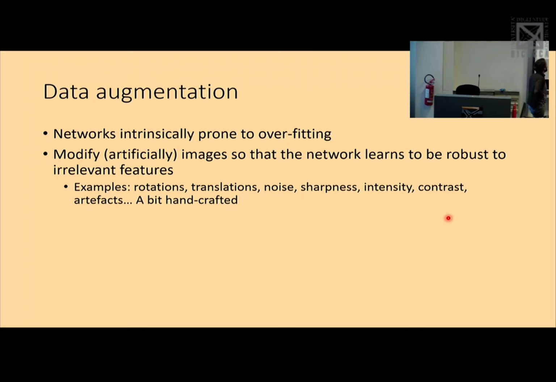You should think about it, depending on your acquisition modality. And you can add some artifacts specific to your modality so that your network learns not to focus on that. And just to comment, this is a bit uncrafted, takes a bit of CPU, but it can really be useful.